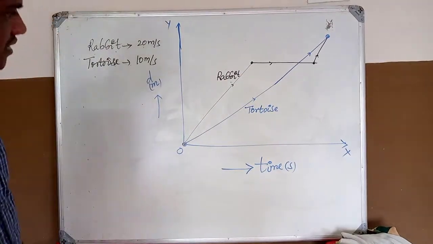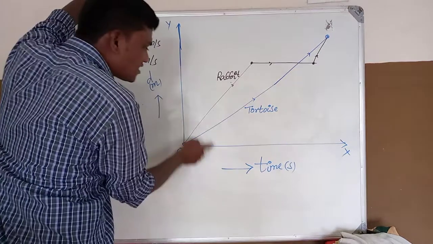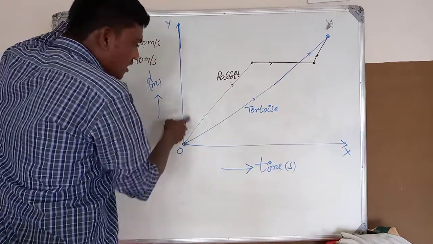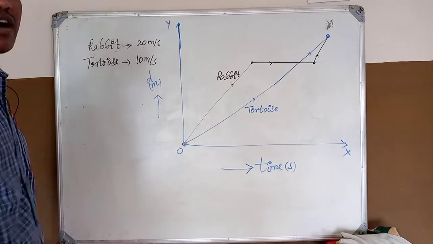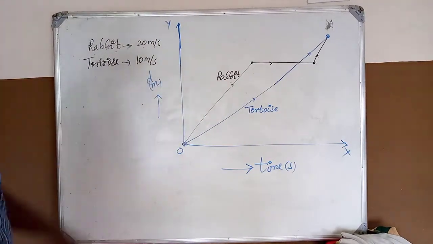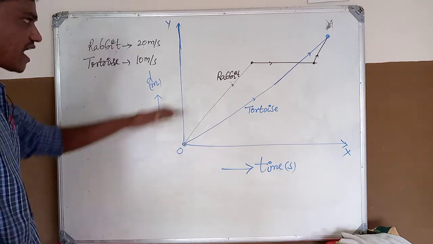But here we know that in a distance versus time graph, if the graph is a straight line, it means they move with a constant speed, which is nothing but uniform speed. I already explained that clearly.